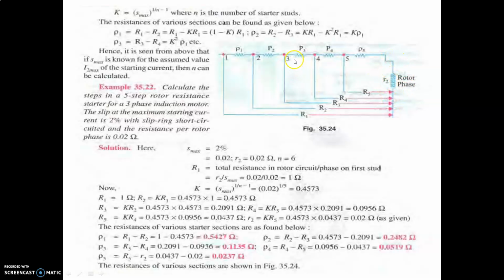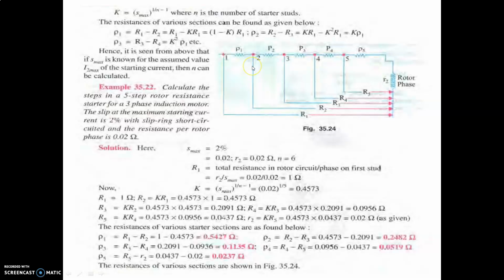So if 5 studs are there, the number of starter steps is going to be n plus 1, where n is the number of starter studs. You have to keep it in mind so that you can substitute in the problems.